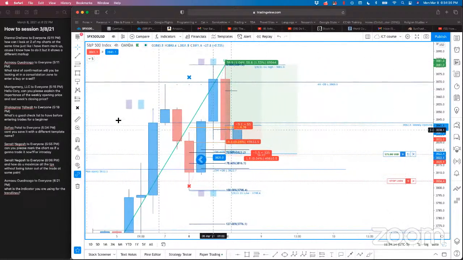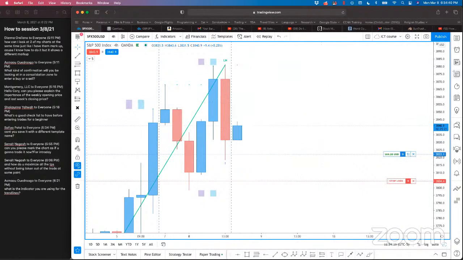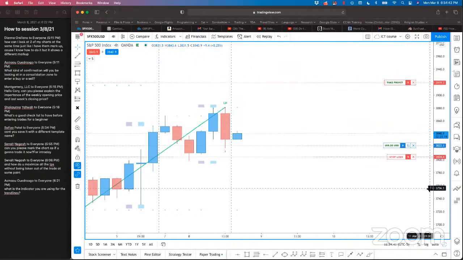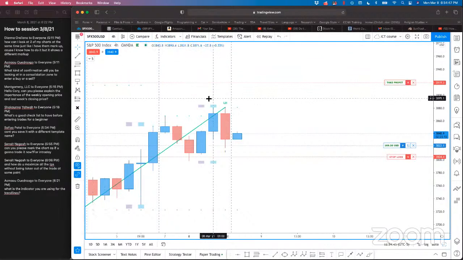Let me hide this stuff. So when I first look at my charts, I'll look at the daily, and then I go see what's going on with the 1 o'clock, the 5 o'clock, and the 9 o'clock candle on the 4-hour candles, right?